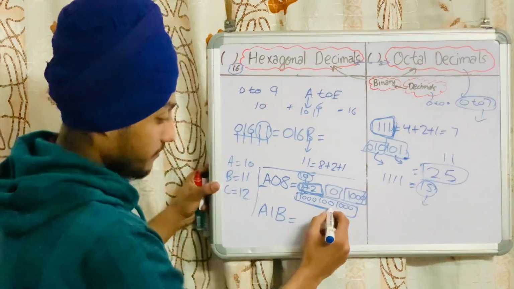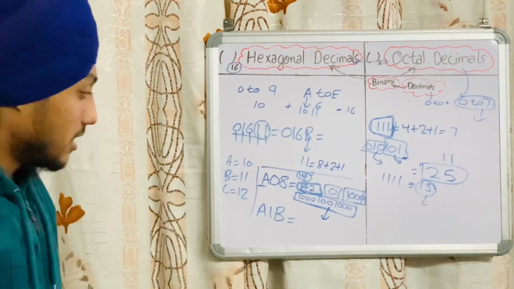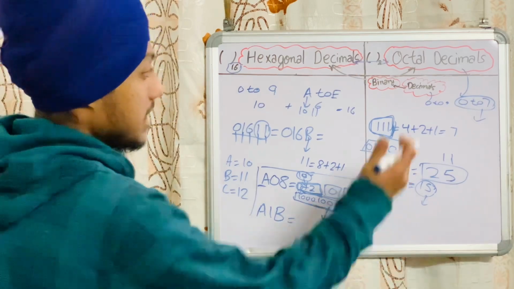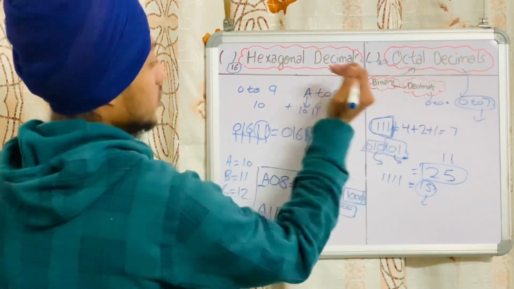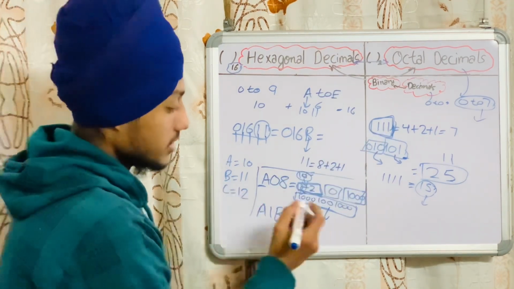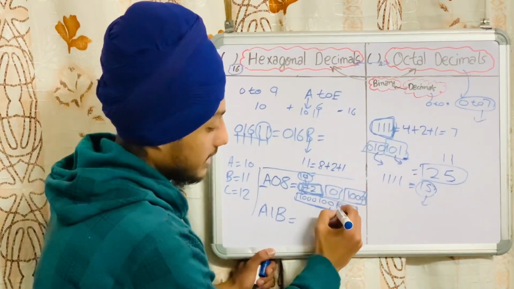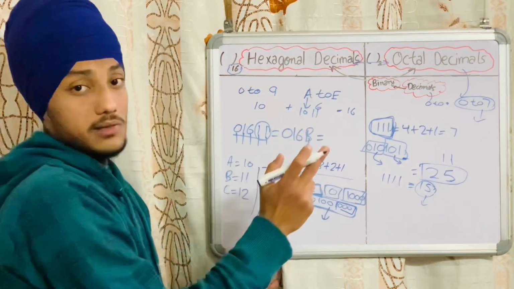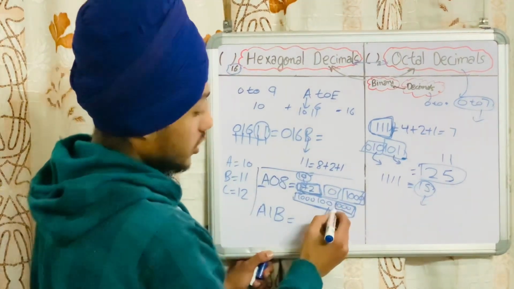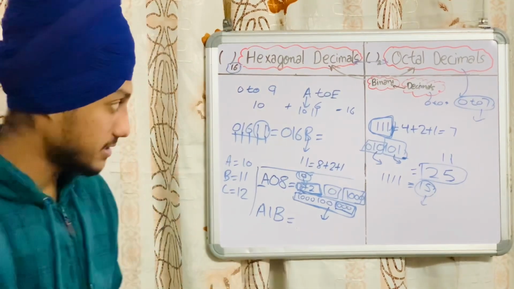Then we use this binary for converting into octal. Whether you go from octal to decimal or otherwise, you first have to convert into binary. So for taking hexadecimal to octal, we are going to take only 3 pairs as we have discussed already.